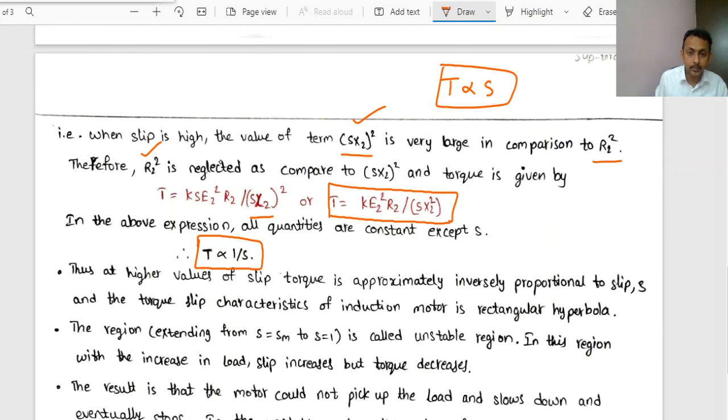So the region extending from s equals sm to s equals 1 is called the unstable region. In this region, with an increase in load, slip again increases, but torque gets reduced.